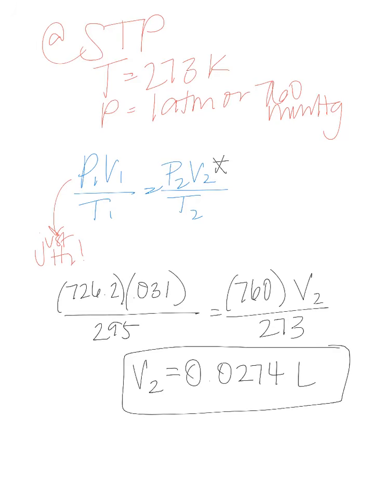If you want to move the decimal, you get 27.4 milliliters. So this is our corrected volume. What that means is at STP, we're actually going to form a little bit less hydrogen than we did at laboratory conditions.